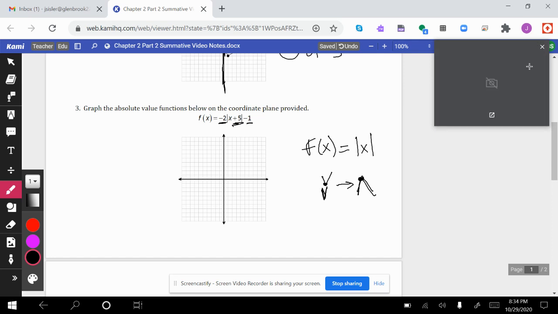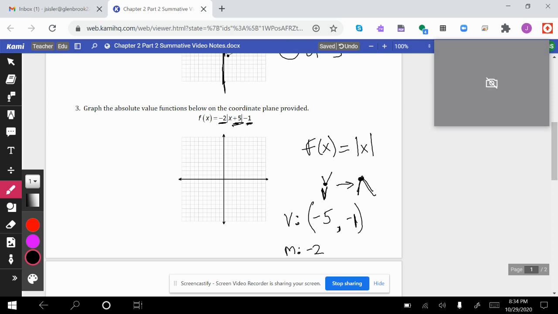So remember, our +5 tells us that we just want to flip the sign. So it's a -5. And then our -1, that's our y value, is right there. Okay, so this is our vertex point. Our slope is this -2.